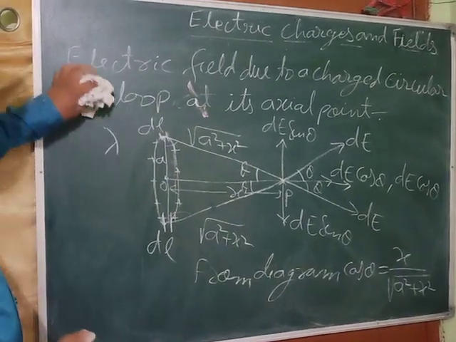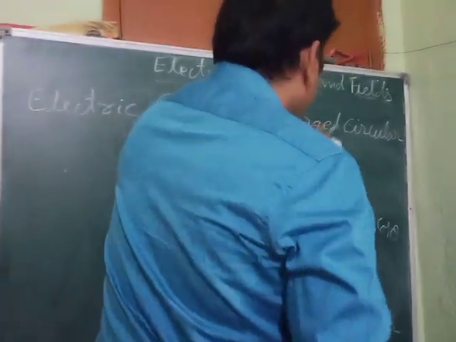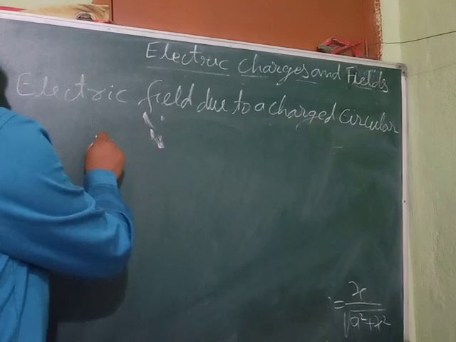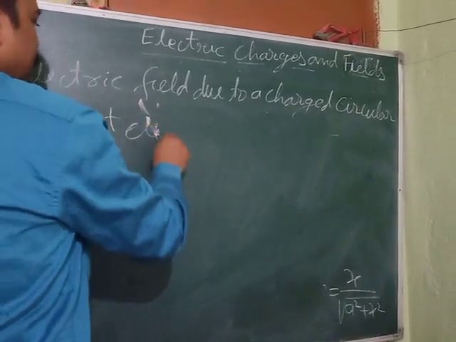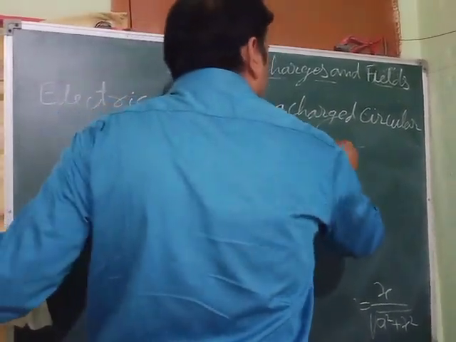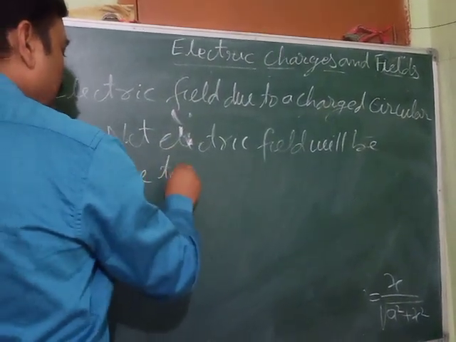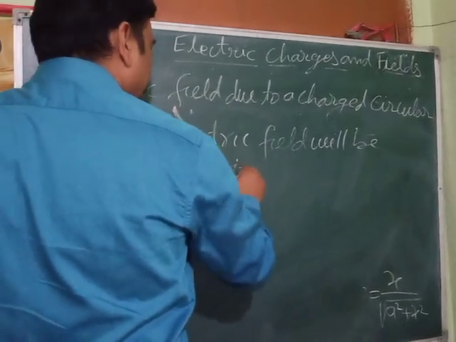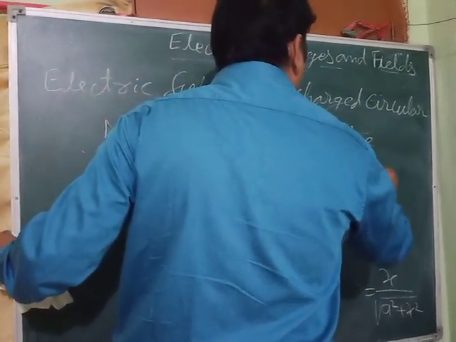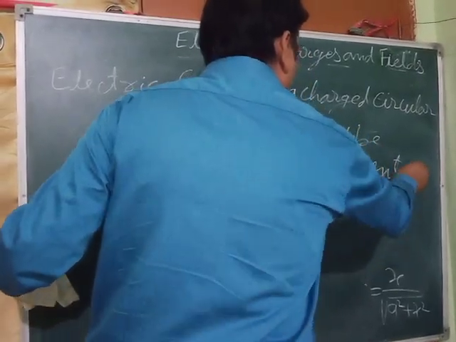Now I'm going to remove this. So net electric field will be due to horizontal components only.